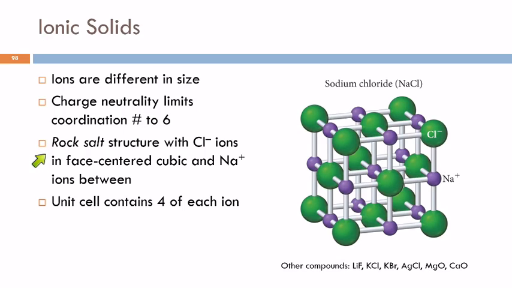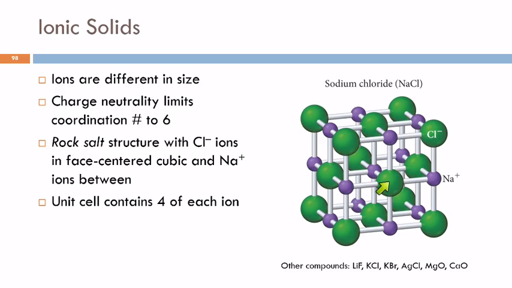This is an example of rock salt, which is one of the different forms of sodium chloride. This has a face-centered cubic structure with the sodium ions between the chloride ions. So chloride, sodium, chloride.